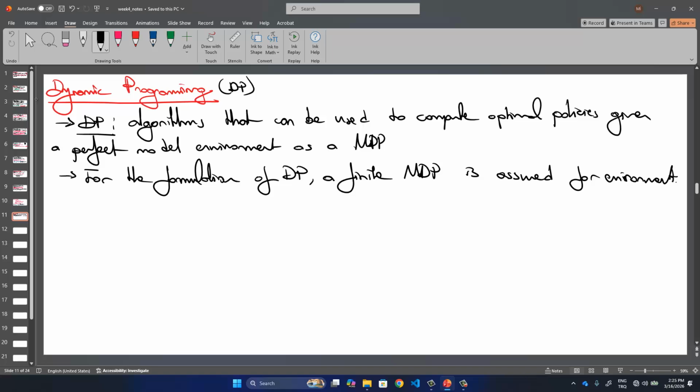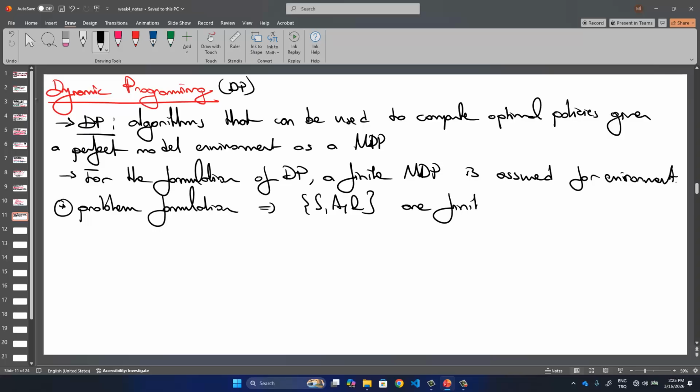Okay. Yes, yeah. So, the problem formulation is that we have state, current position, and action, and the result of this state and action, okay? So, these are finite, but in this process, we can choose continuous or discrete actions. In computer science or in your life, you always choose a discrete process.